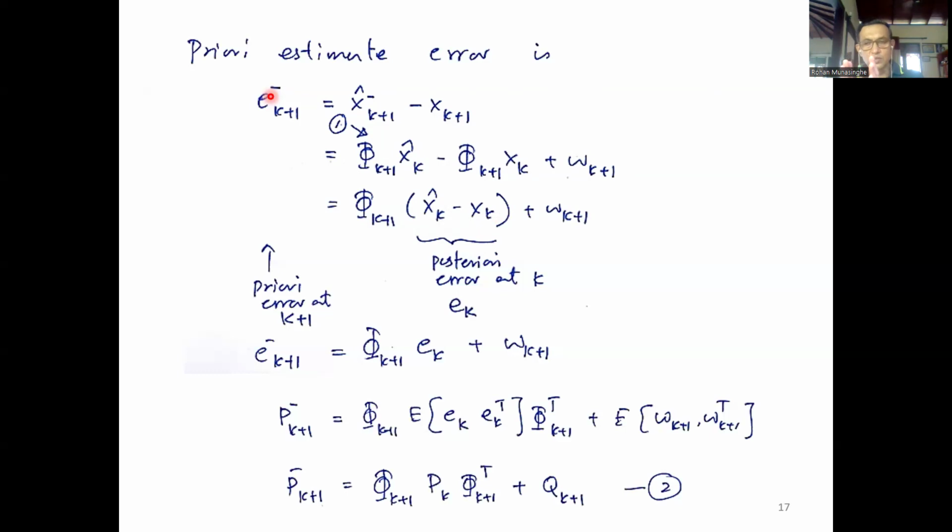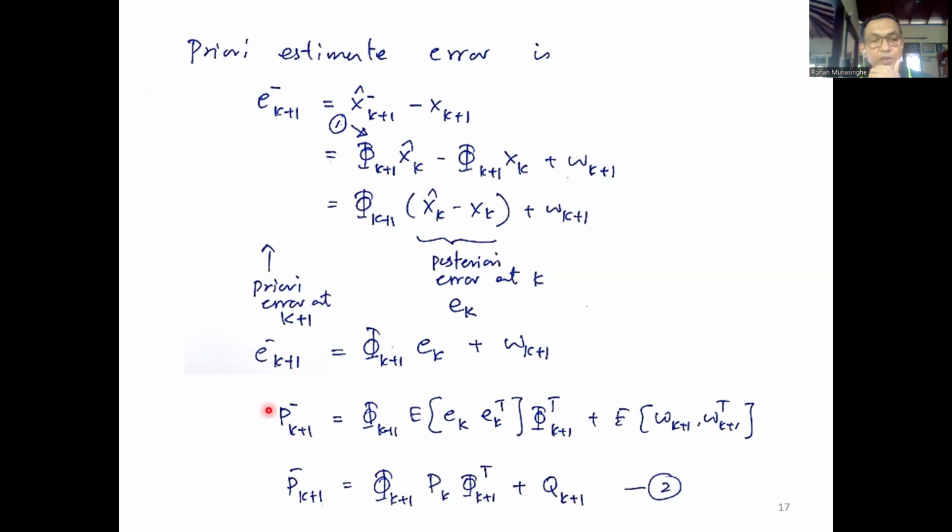In this equation, you take the corrected error of the previous state and calculate the predicted error of the present time. Therefore, this is the latest equation for the predicted error at k plus 1.